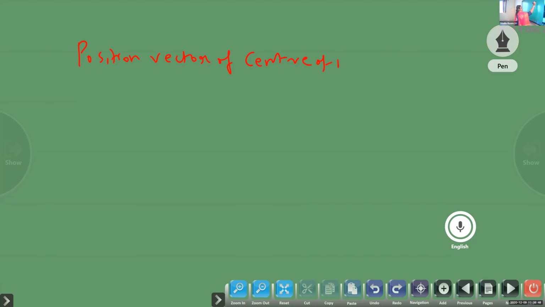When you find the position vector of center of mass, actually what are you finding? Where is the center of mass in terms of unit vectors. So R is equal to, we have the equation m1 r1 plus m2 r2 divided by m1 plus m2.